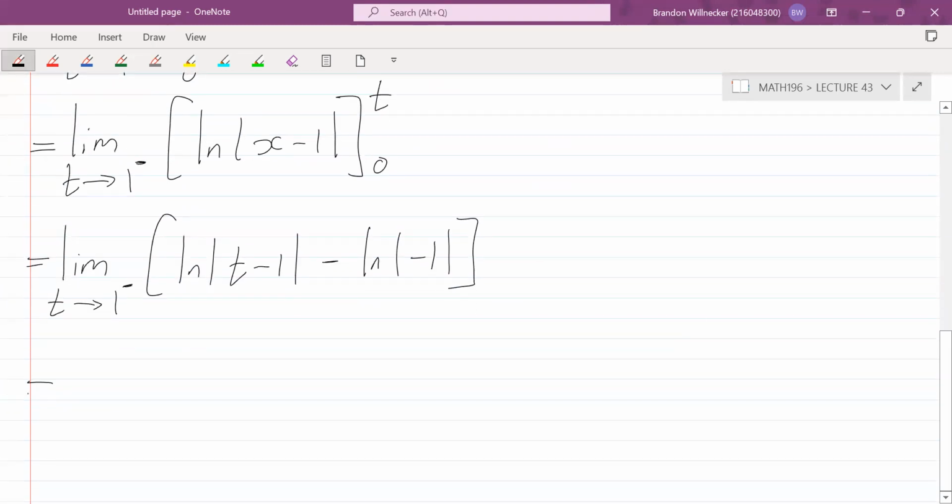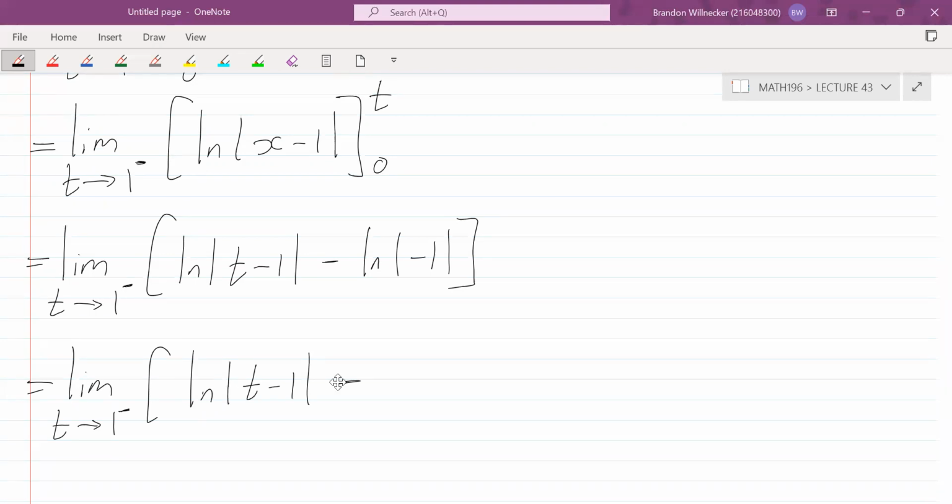So this is the limit as t approaches 1 minus of the natural log of the absolute value of t minus 1, minus, and then the natural log of 1 is just 0, so that goes away.